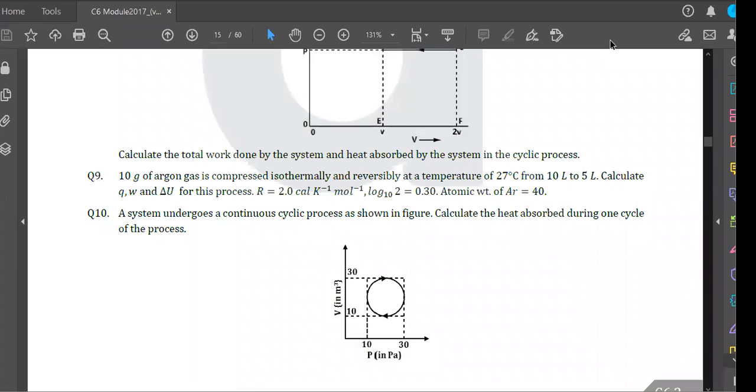Jitendra, I asked you a problem 2 days before when you answered me that delta U is 0 for a cyclic process. Okay? You said delta U was 0 for a cyclic process, and I asked you why it will be 0 in a cyclic process, when we were discussing 6.1 in class exercise.